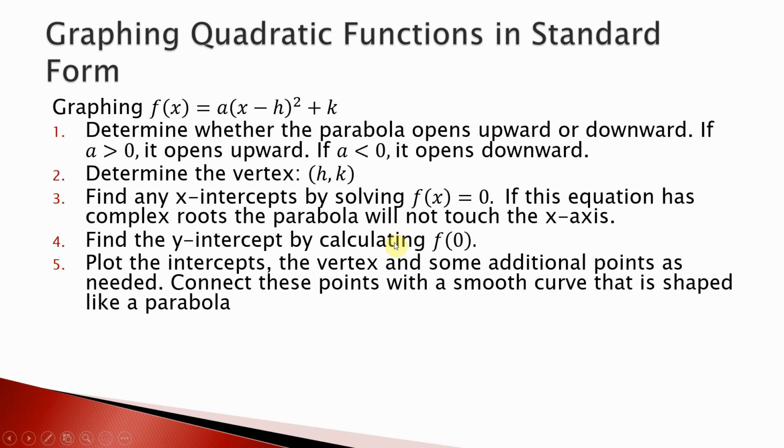If you follow these steps and find all the intercepts and necessary points correctly, you will get almost full credit for that problem. The shape does not need to be perfect. It only needs to be a sketch.